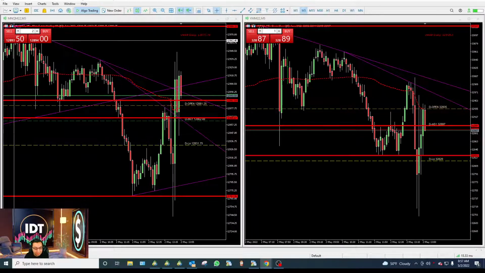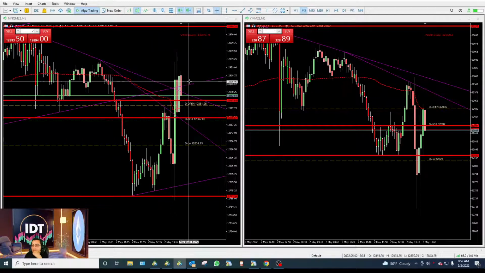I can refresh the connection to the server. 13 milliseconds to the server. It's like AMP Futures, AMP Global is having a problem. The data feed just stopped.